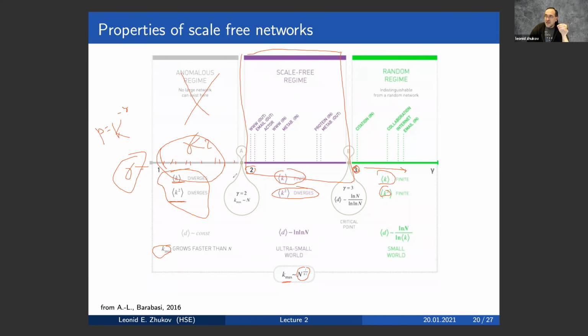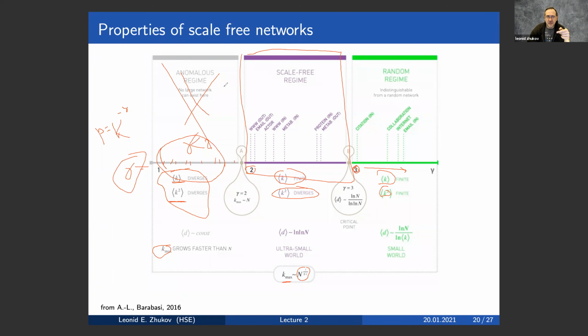Now, you can still get a network and you can still calculate the coefficient, and you will get gamma less than 2. But that means it's not a pure power law network. It means there is probably a part of the network that has this distribution and the rest does not. But you cannot have a pure power law network with gamma less than 2.